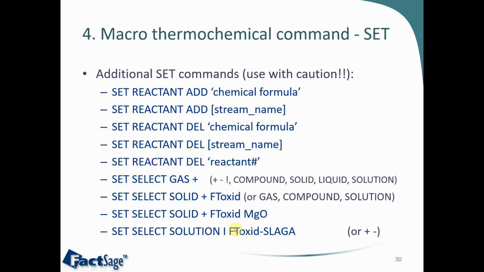So here, the solution slag A from FT oxide database can be set as possible two-phase immiscibility using this command, set select solution I FT oxide and then hyphen slag A. And then you can also use plus or minus to select and unselect everywhere here.